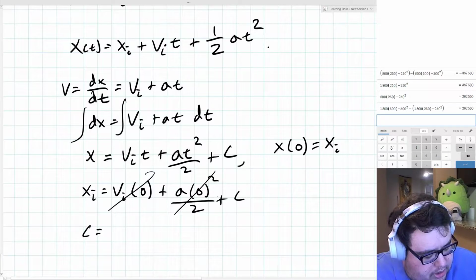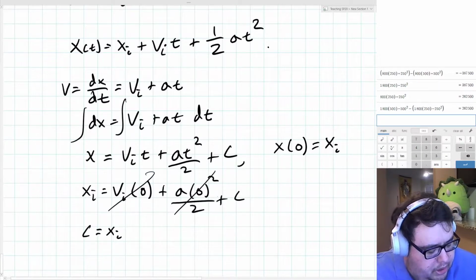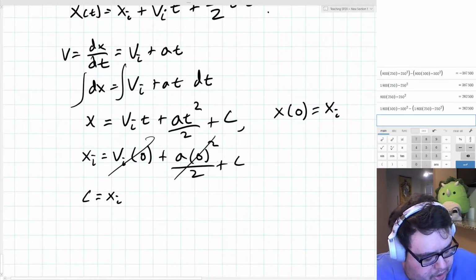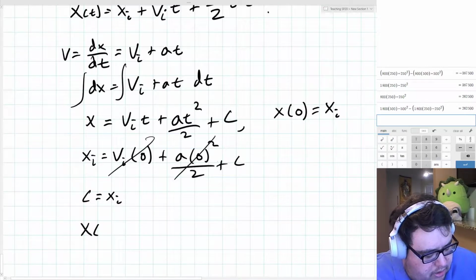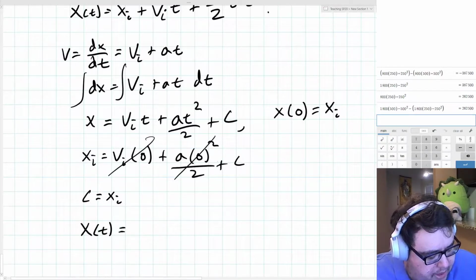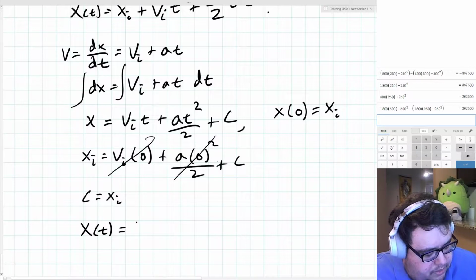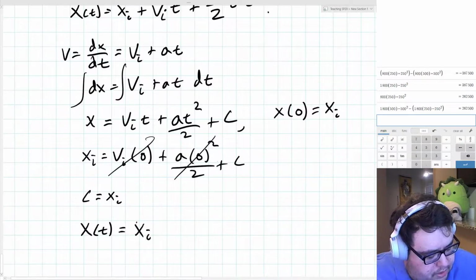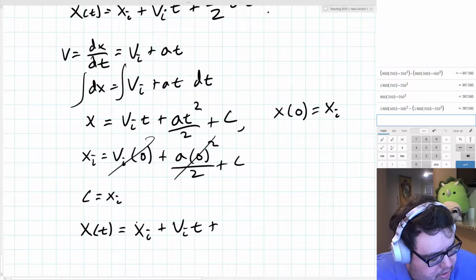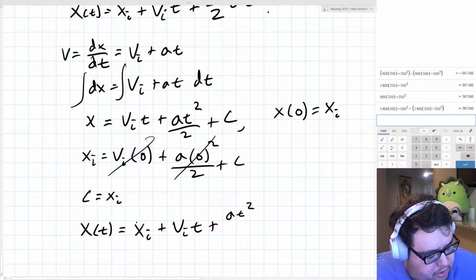We get that the constant here is x sub I, and we get our second kinematic equation that x of t, the x position with respect to time, is equal to the initial position of x plus the initial velocity of x times t plus the acceleration of x times t squared over 2.